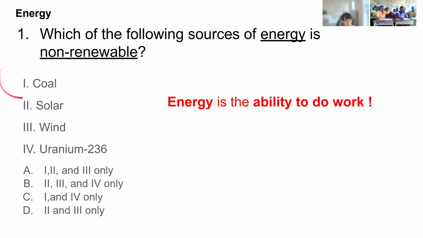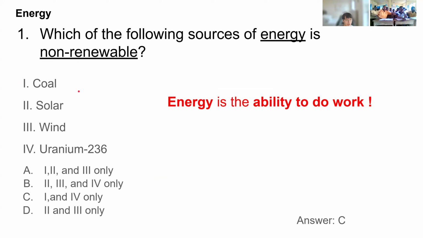We have coal, we have solar energy, we have wind energy, and we have uranium. So which of these are non-renewable? The answer is actually C, because let's carefully look at it before we have our answers.